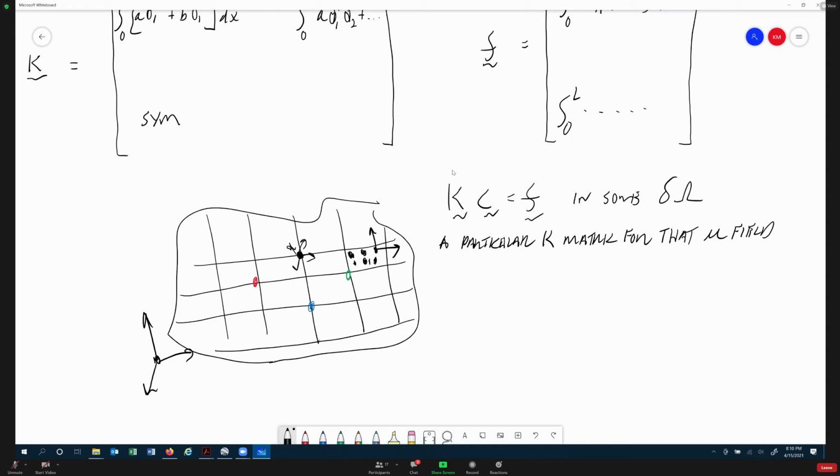We'll outline a much quicker process for our minimum potential energy and all that. And I'll give you some general rules for some attributes that the K matrix has to possess.